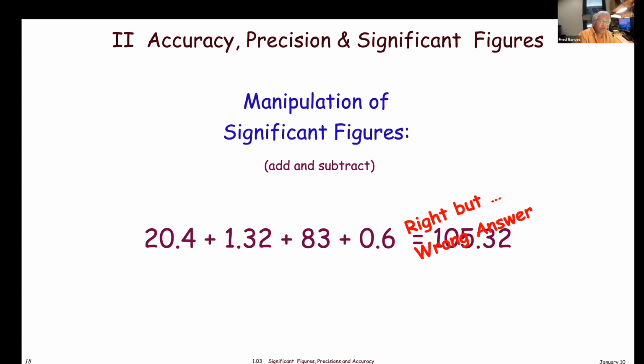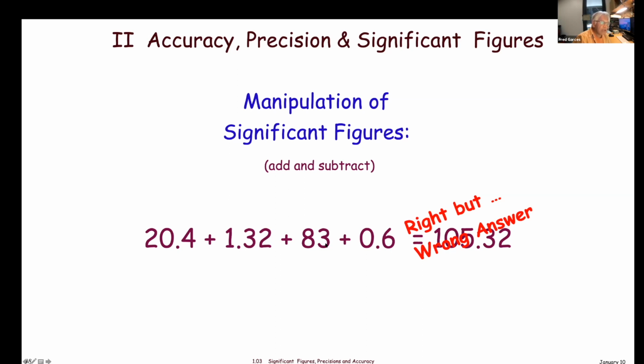The reason why it's wrong is because of the error in these numbers. The rightmost digit is your uncertainty. That's the number that you sort of guess. Remember when we were taking measurements? That was an estimate. So this digit right here has an uncertainty to the 10th. This number has an uncertainty to the 100th, 2 places over.